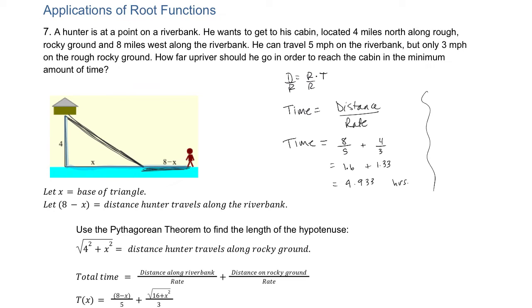What if he just went directly through the rocky ground? That's definitely the shortest distance. So if he did that, this is 8, this is 4. For the diagonal, we can use the Pythagorean theorem. The diagonal would be the square root of the sum of the squares of the shorter legs.